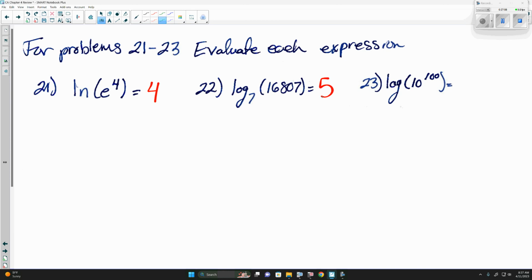And do we know what 23 is? 100. Log base 10 of 10 is 1, so 100. So these here we can just plug them in and evaluate.